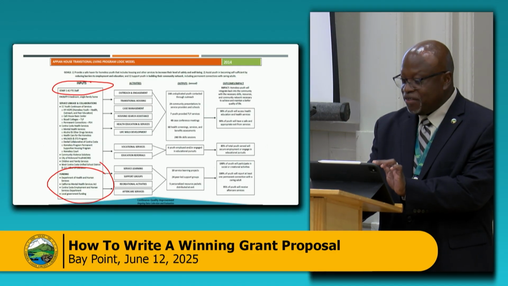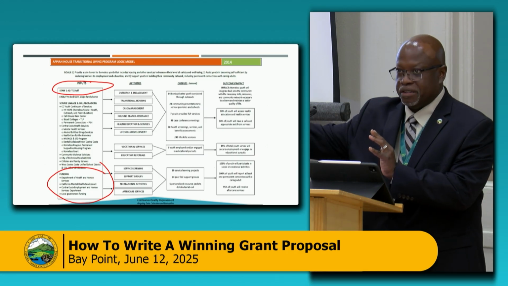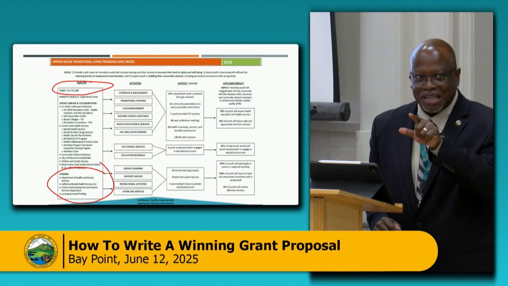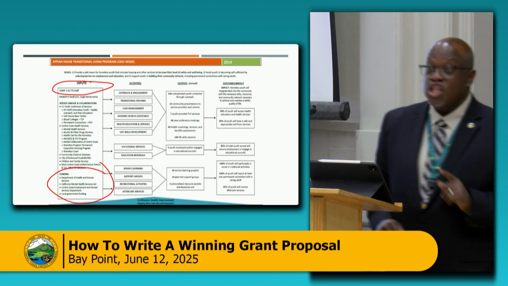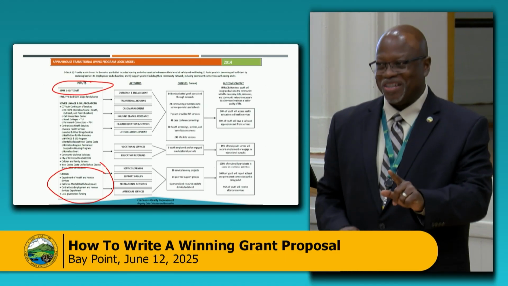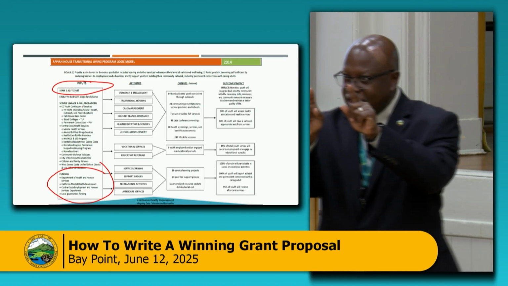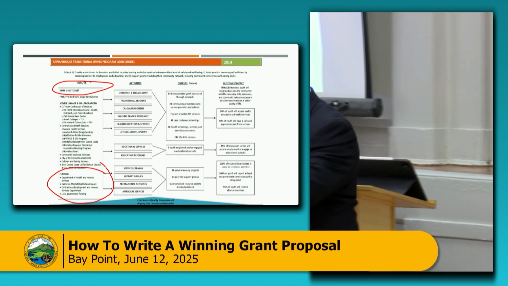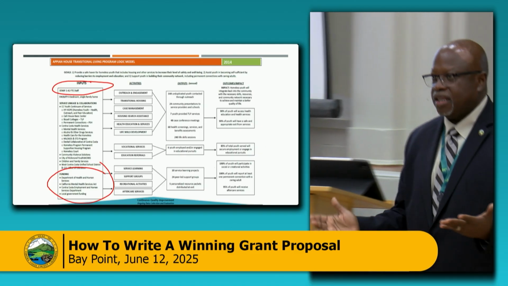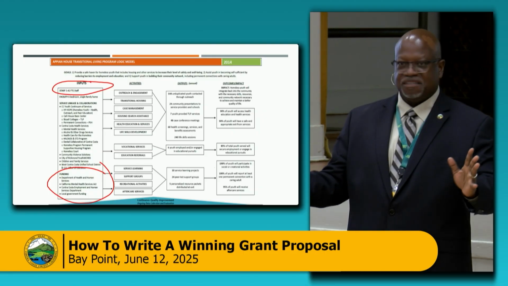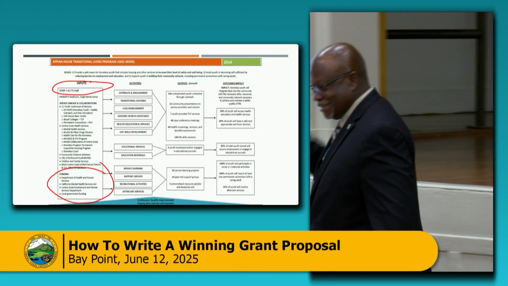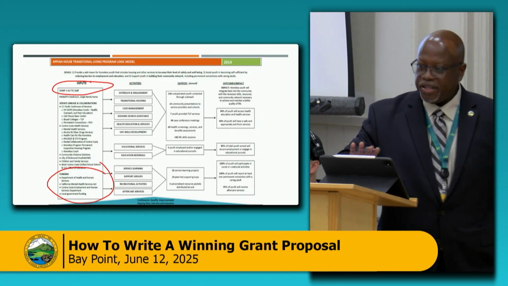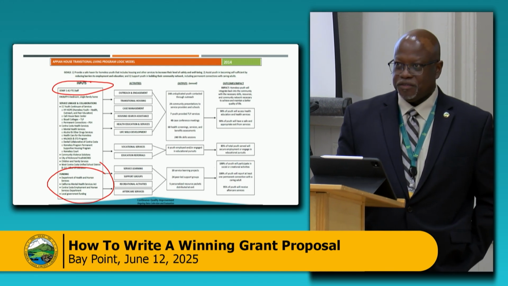Then they took their activities and tied them to specific outputs. They didn't have to do that, but that's their way of saying, look, we really know what we're doing here. If we do this, we get that, and if we get that, then we get that. When we look at this, I'm thinking, oh yeah, I can see this. I don't even need to read the proposal. I can see the whole thing in one fell swoop right here, right?